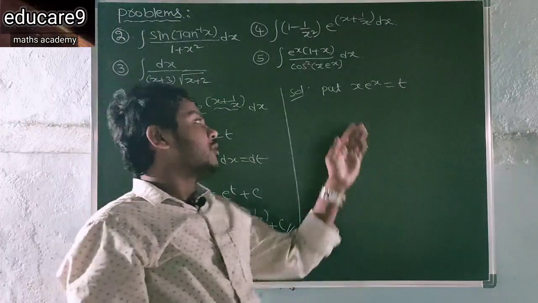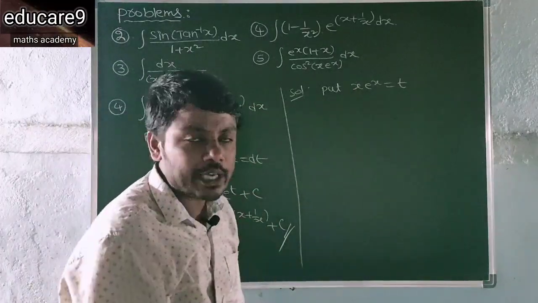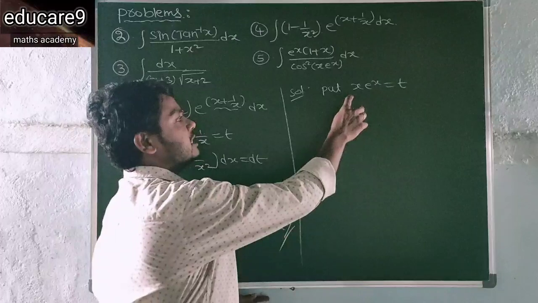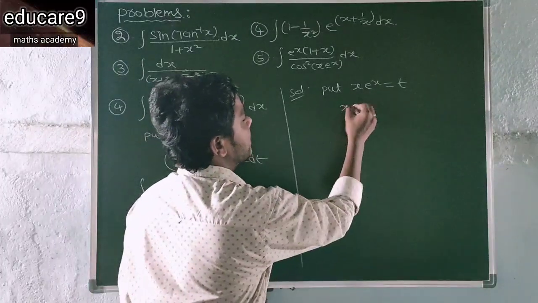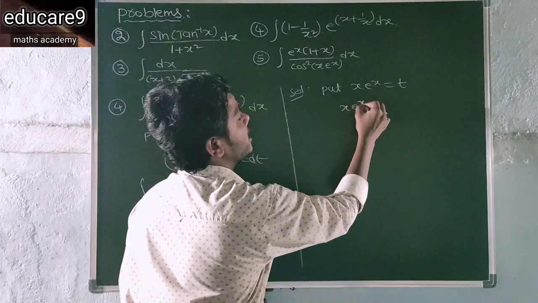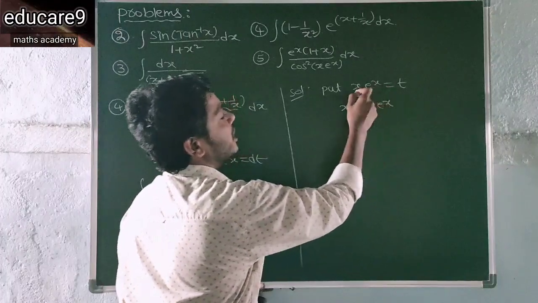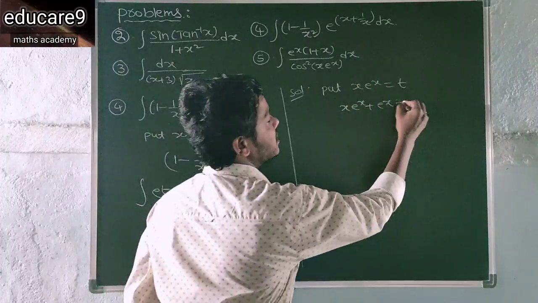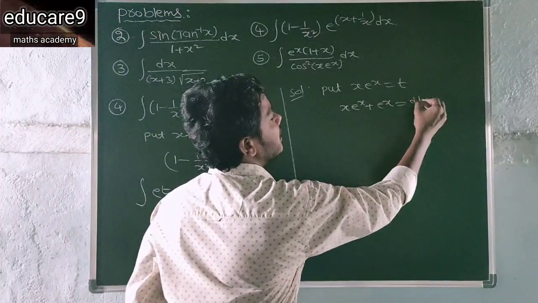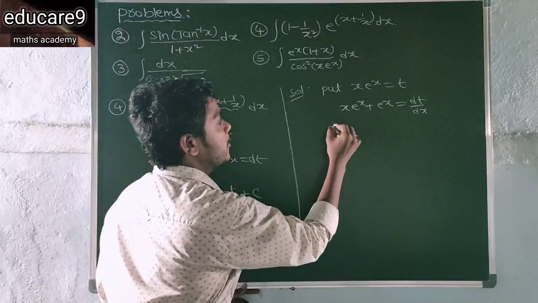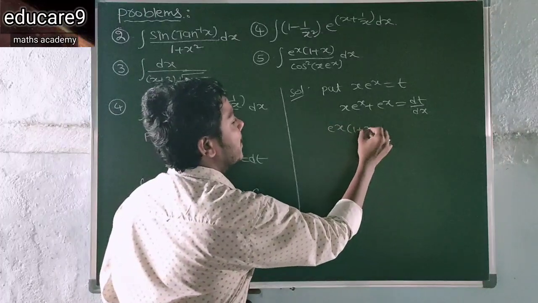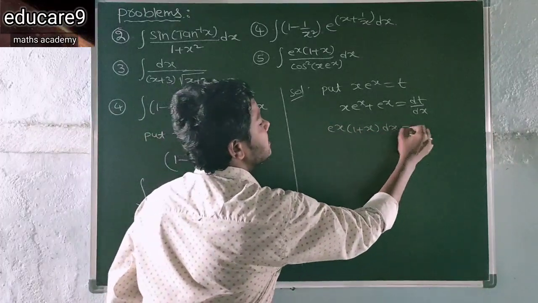Now we have to differentiate with respect to x on both sides. Clearly this is in the form of derivative of uv. So that is x into derivative of e power x plus e power x into derivative of x, which is 1, is equal to dt by dx. Now e power x into (1 plus x) dx is equal to dt.